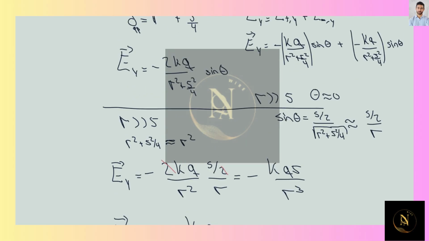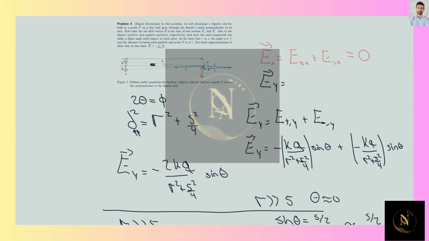Remember that Coulomb's constant is 1 over 4 pi epsilon 0. Let me emphasize that p is the dipole moment vector. So this is equal to minus 1 over 4 pi epsilon 0 times the electric dipole divided by r cubed. And with that, we're done with the derivation.